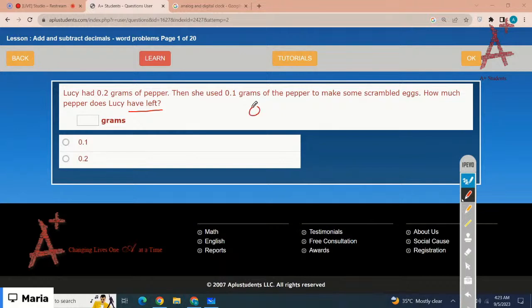So you have to subtract, just line up the decimal point. You can see they are one above the other. And subtract like you simply do. 2 minus 1 is 1, and you have 0.1, right? That means the correct option is option number 1. 0.1 is the correct option.